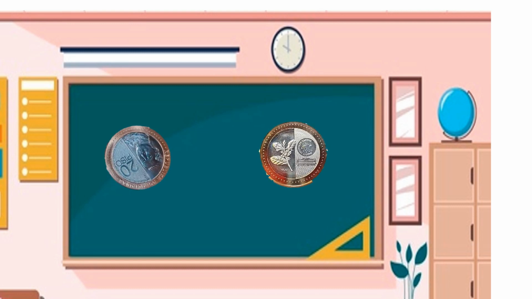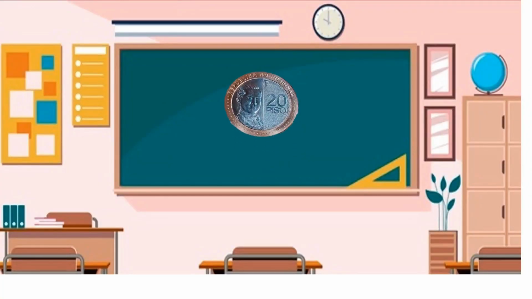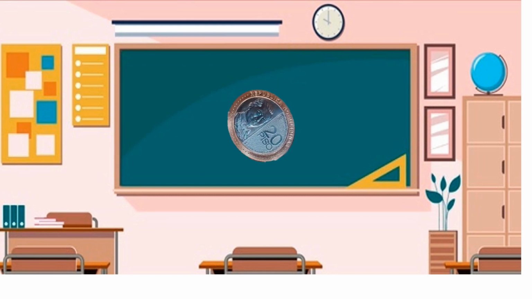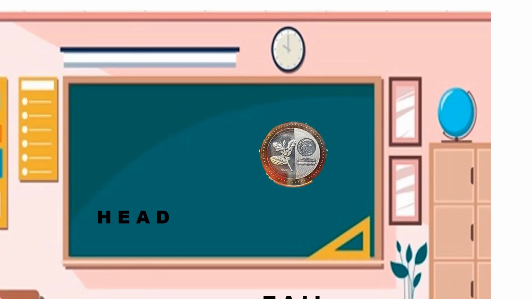Okay, now let's toss the coin together. Okay, 1, 2, 3. Oh, I got a head. How about you? If you got a head, what are the possible results? That's right. You may also get a tail. In tossing a coin, what are the possible outcomes?